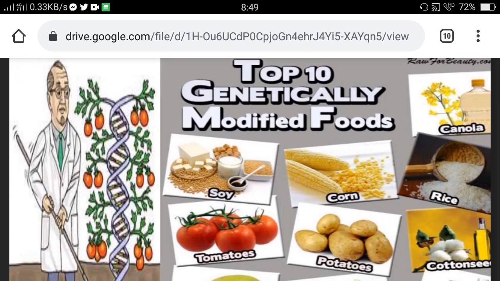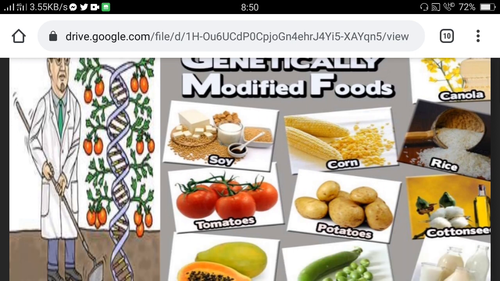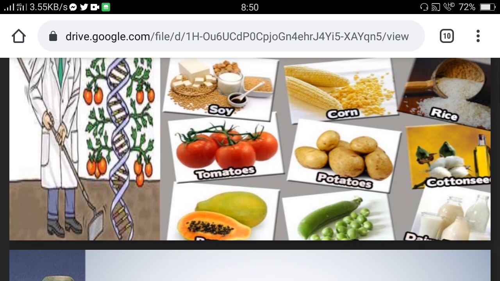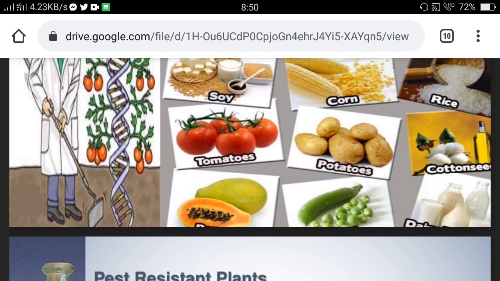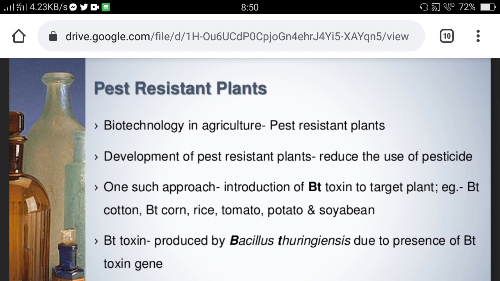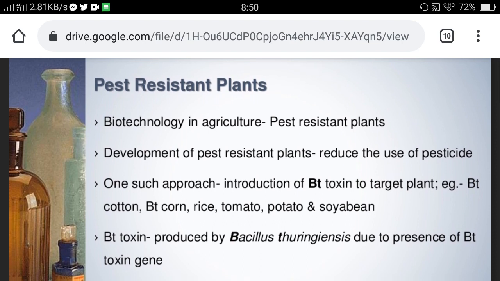Now see the top 10 genetically modified foods like soya, tomatoes, corn, potatoes, cotton seeds, rice, canola, papaya, peas, and dairy products. Pest resistant plants.